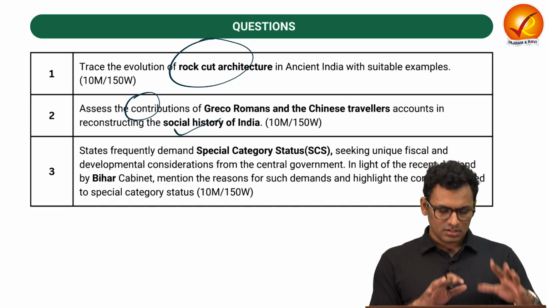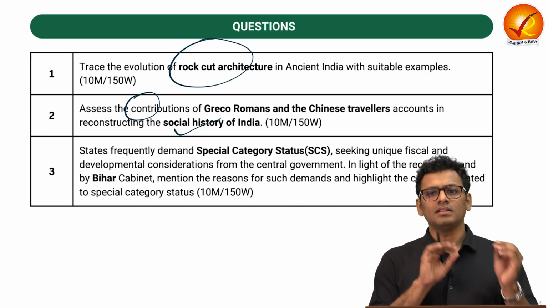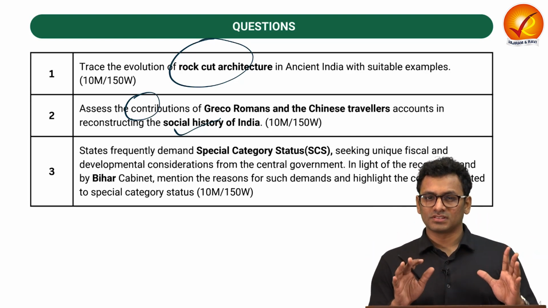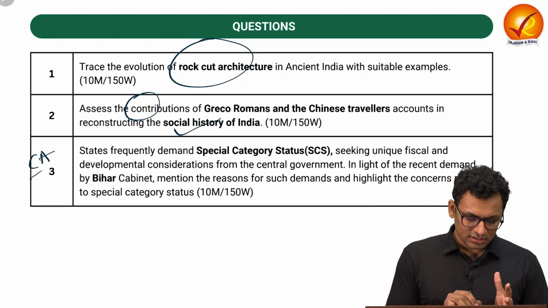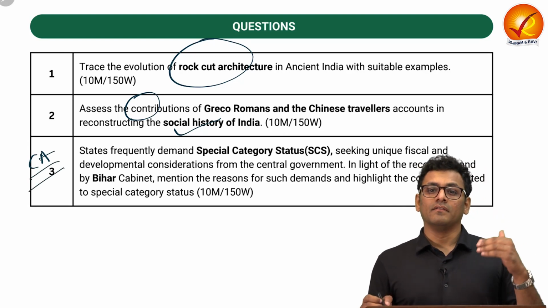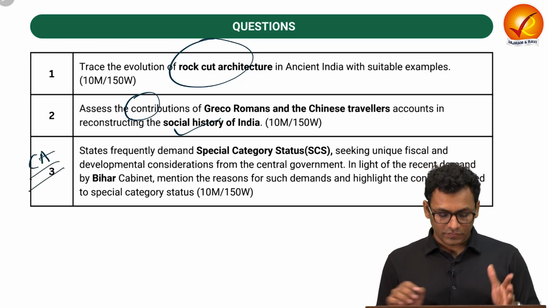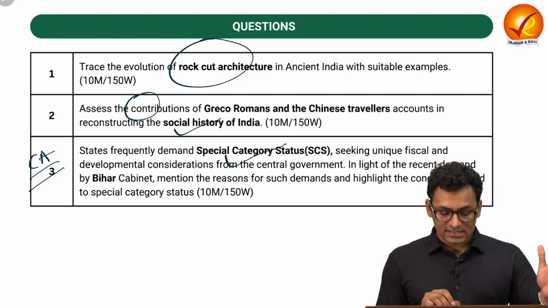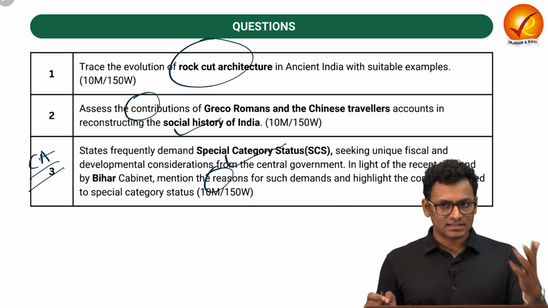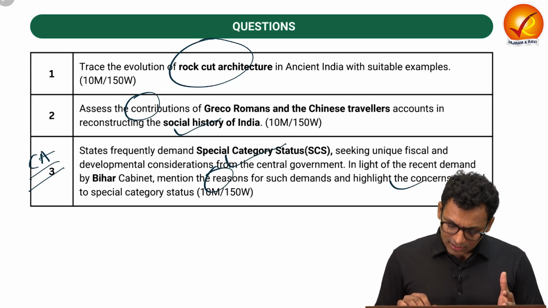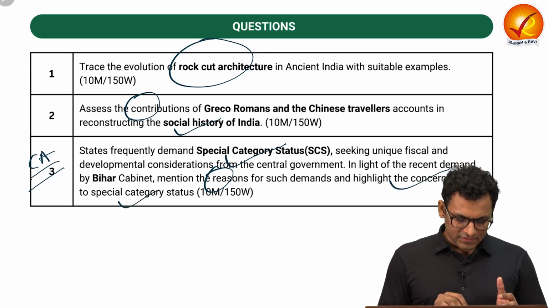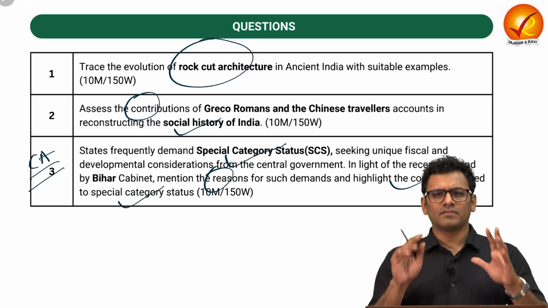Through this question, we will understand how we can take certain literature forms and understand different aspects of the society. And the third question is a current affairs based question, where we have recently witnessed the demand of special category status by Bihar. We are going to see the reasons for the demand for special category status and the concerns with respect to the allocation of special category status. So let us start with the very first question.